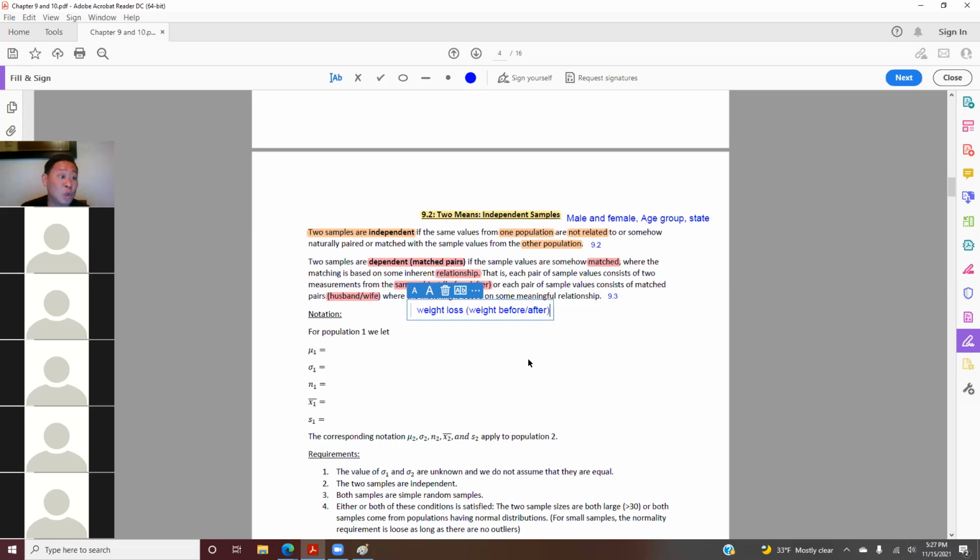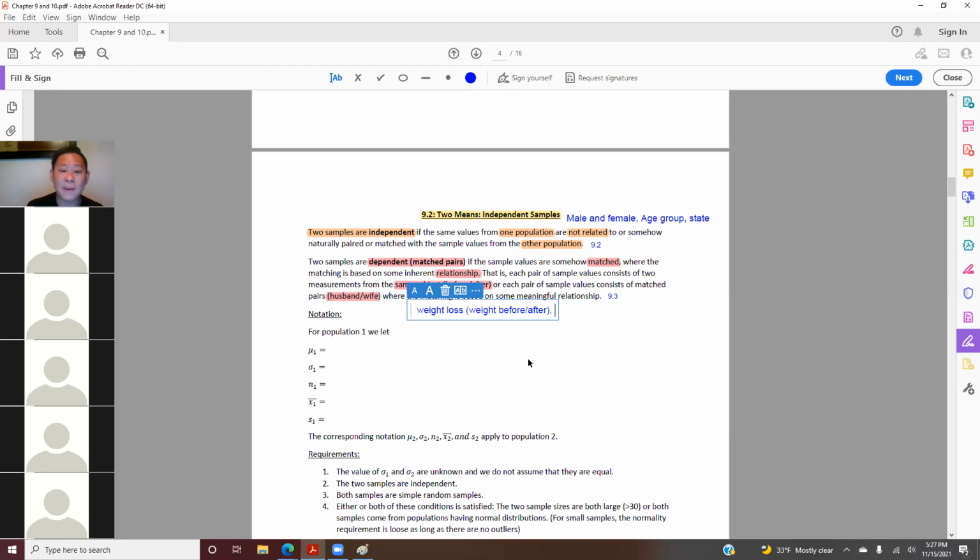Say you pay for tutoring, right? Private tutoring is expensive. We want to see if tutoring is really going to help your test score. So before tutoring, you take a test. Then after you get all your tutoring, you take another test and see if there's any change. That is what we call dependent samples.